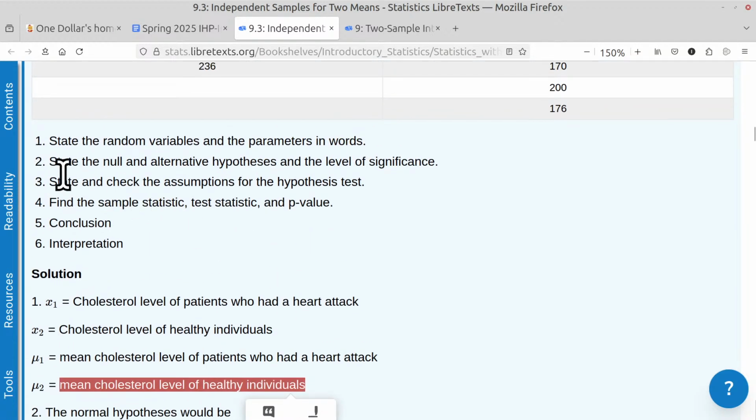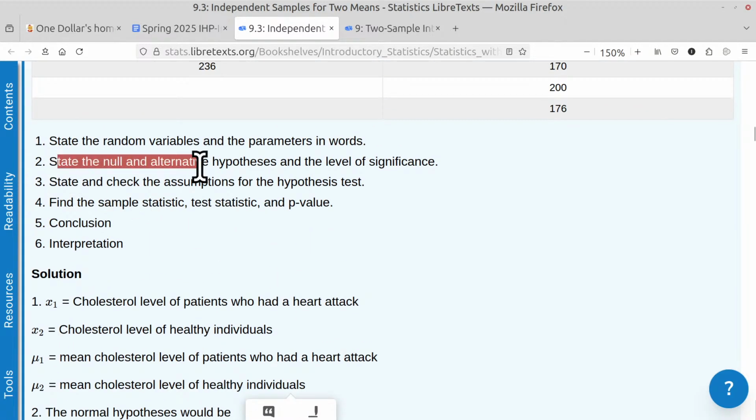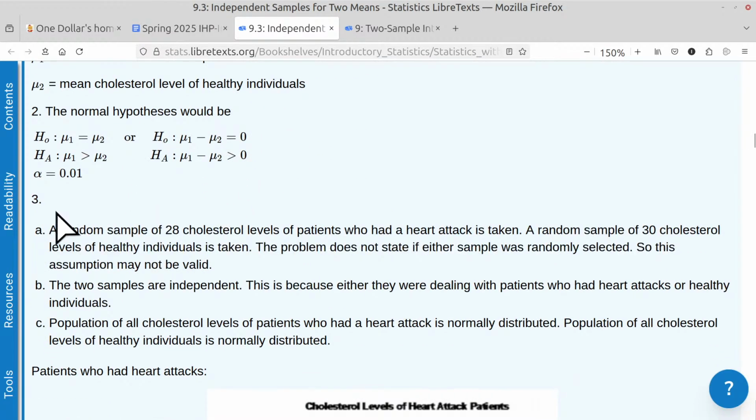Second, state the null hypothesis and alternative hypothesis and the level of significance. The null hypothesis: the means are equal. I mean, the mean cholesterol level 2 days after the heart attack equals the mean cholesterol level of healthy people.